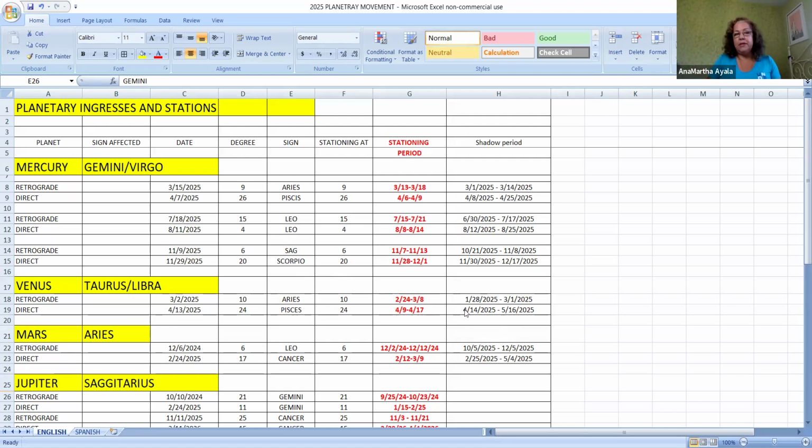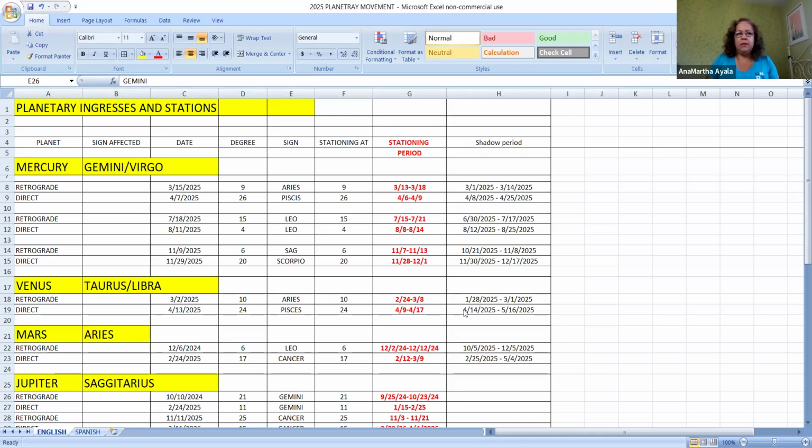Now, with Venus retrograde, obviously don't get married during a Venus retrograde. That's not a good idea. I would not have any elective beauty procedures done during a Venus retrograde. It's not a good idea. You won't be happy with the outcome of the procedure, right?